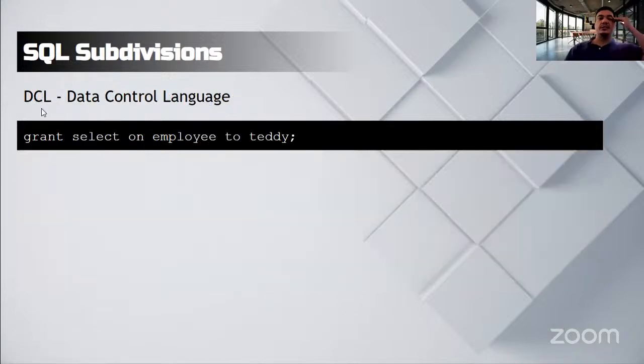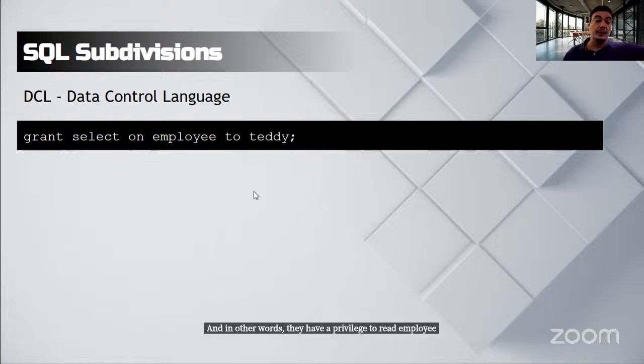The DCL language, the data control language, is a language to manage the privileges of the users. I can grant or revoke privileges. In this case, I display this example: grant select on employee to Teddy. In other words, Teddy has a privilege to read the table employee.